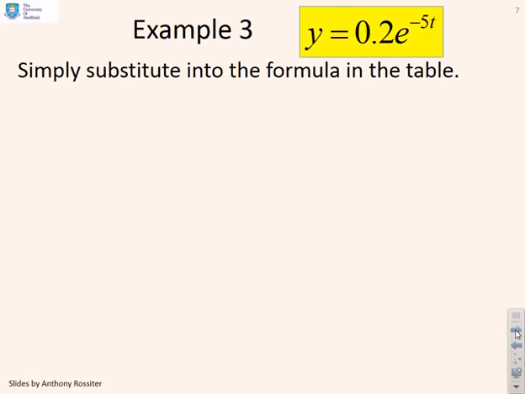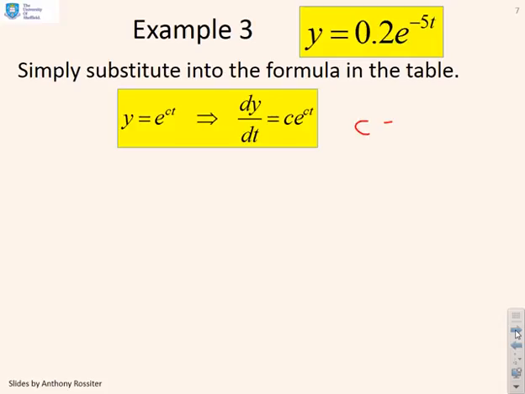Next one then. y equals 0.2 e to the minus 5t. So again I look in the table and I find I've got this formula. y equals e to the ct, dy/dt equals c e to the ct. So here it's clear that c is going to be minus 5.